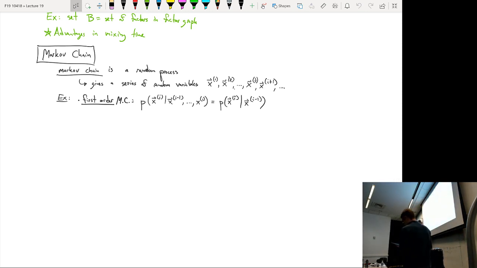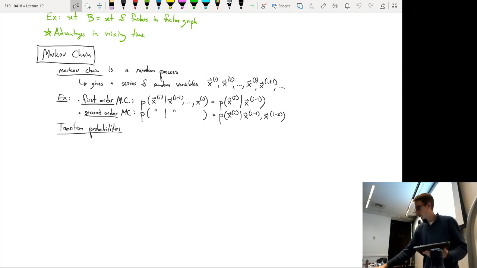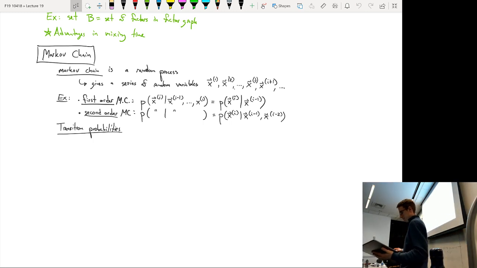Whenever we talk about Markov chains, it's useful to also have this notion of transition probabilities. So the transition probabilities we're talking about for a Markov chain are just the set of probabilities that we work with to transition from one state to another.